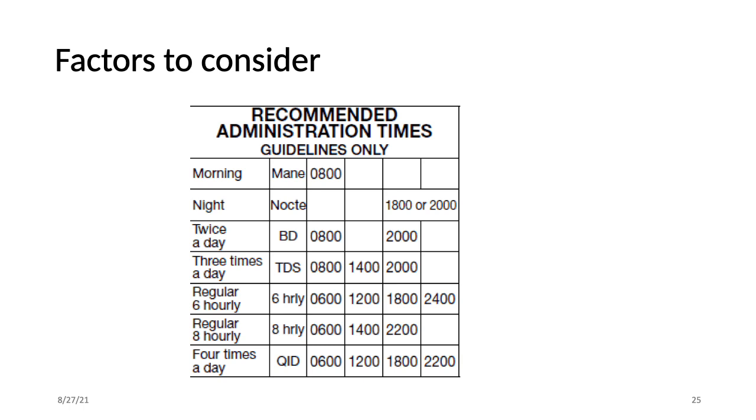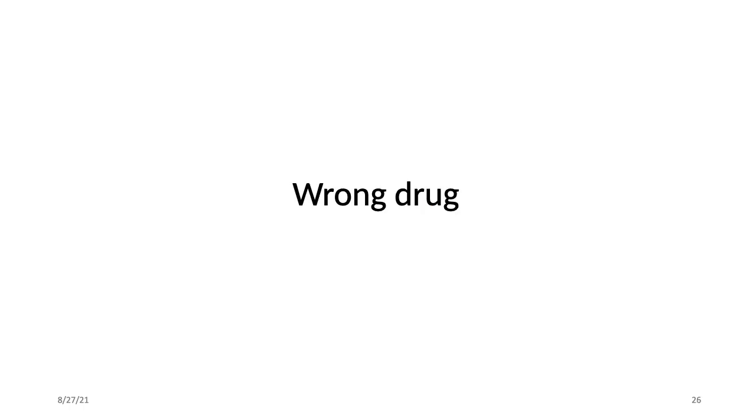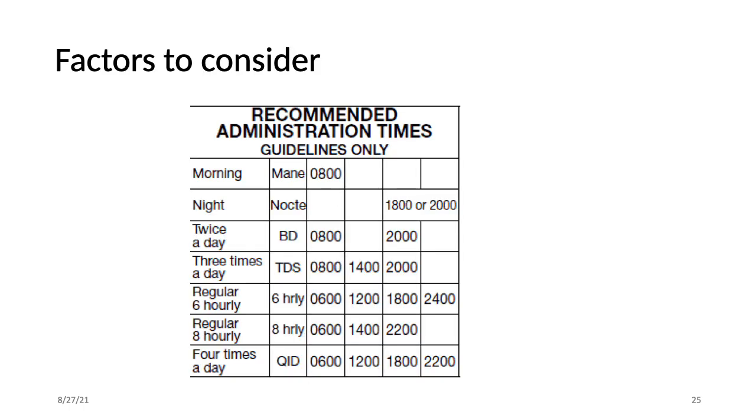Twice a day in hospital doesn't mean every 12 hours. They give it at 8 in the morning and 8 p.m. Three times a day, they give it at 8 in the morning, at 2 in the afternoon, and 8 p.m. Regular 6 hourly is given at 6 hour intervals.